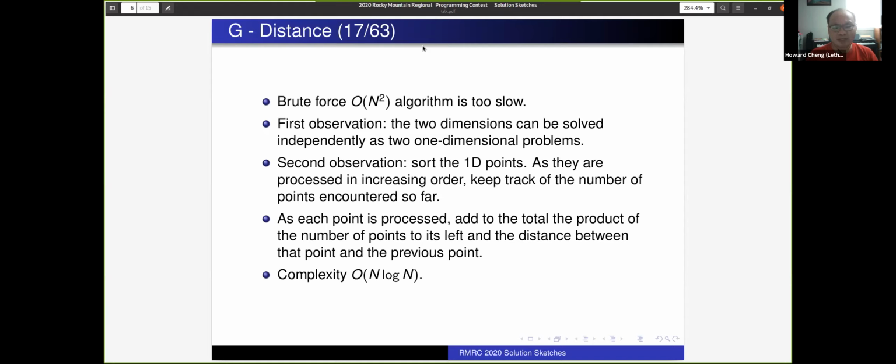So if you know how many things are to your left and how far you move from one point to the next point, you can use that to update the running sum so that you don't have to compute all the pairwise distances. In fact, the scan from left to right, once you have the sorted 1D points, can be done in linear time with some clever arithmetic.